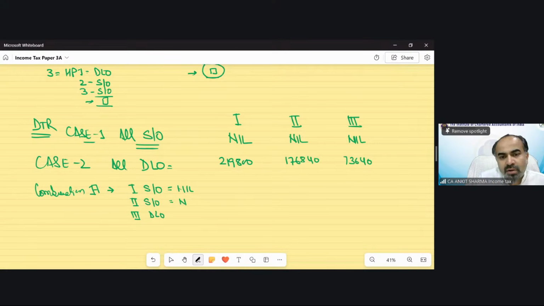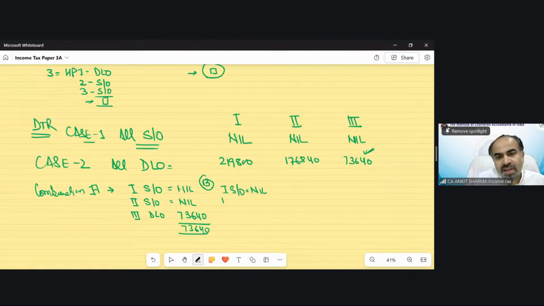Self-occupied value nil. Deemed let out, third value as deemed let out, 73,640. So income from house property, if we consider third as deemed let out, would be 73,640.